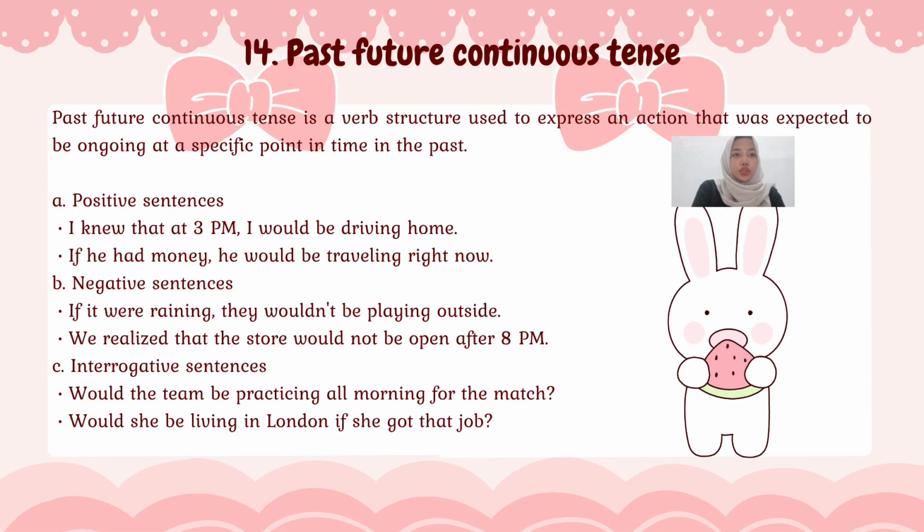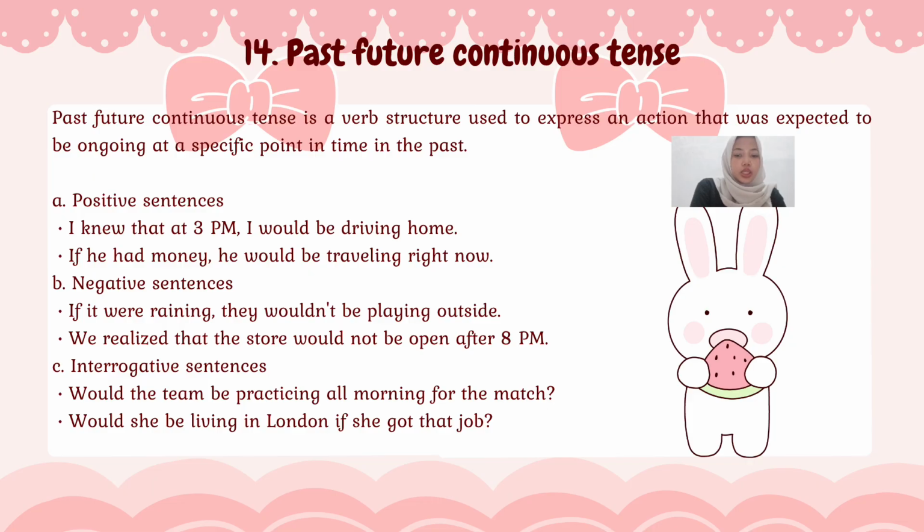Past future continuous tense. Past future continuous tense is a verb structure used to express an action that was expected to be ongoing at a specific point in time in the past. For example, in positive sentence, I knew that at 3 p.m. I would be driving home, and if he had money, he would be traveling right now.